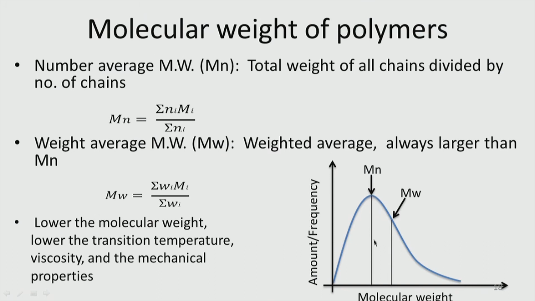So, this will be the number average and the weight average. The weight average will always be larger than the number average. If you divide the weight average by the number average, that is called polydispersity. That means how dispersed the system is. It can be 1.2 or 1.3 and so on, because the weight average is always larger than the number average.